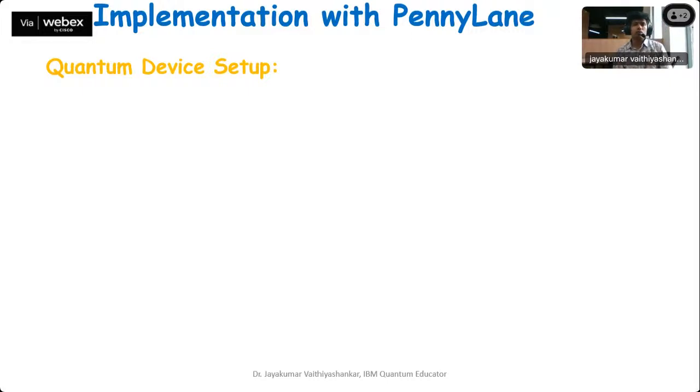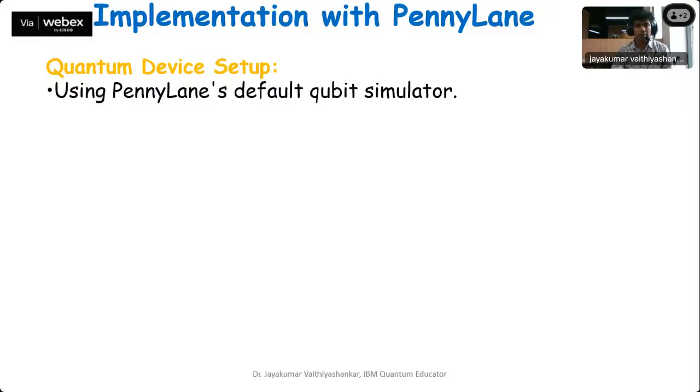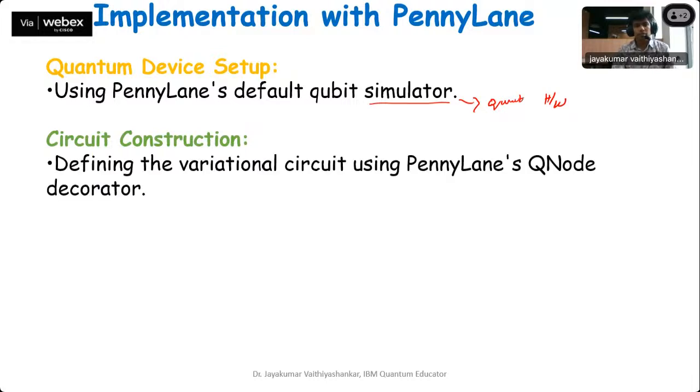If you want to do the same scenario in PennyLane, you need to set the quantum device. By default, PennyLane will use a simulator. You can change to quantum hardware also, if you wish. In today's example, we use a simulator. The next thing we need is to construct the circuit. For that, we need to have a QNode, which is like a data structure.